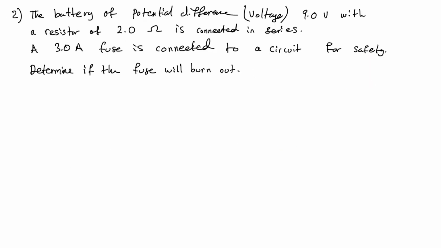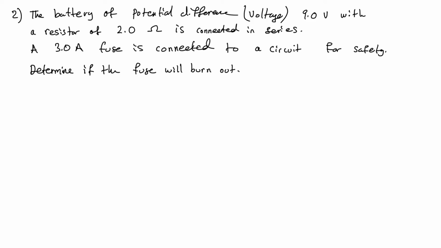In the next question, we got a battery of potential difference or voltage of 9 volts with a resistor of 2 ohms that is connected in series, and a 3 amp fuse is connected to the circuit for safety, and we want to determine if the fuse burns out or not.